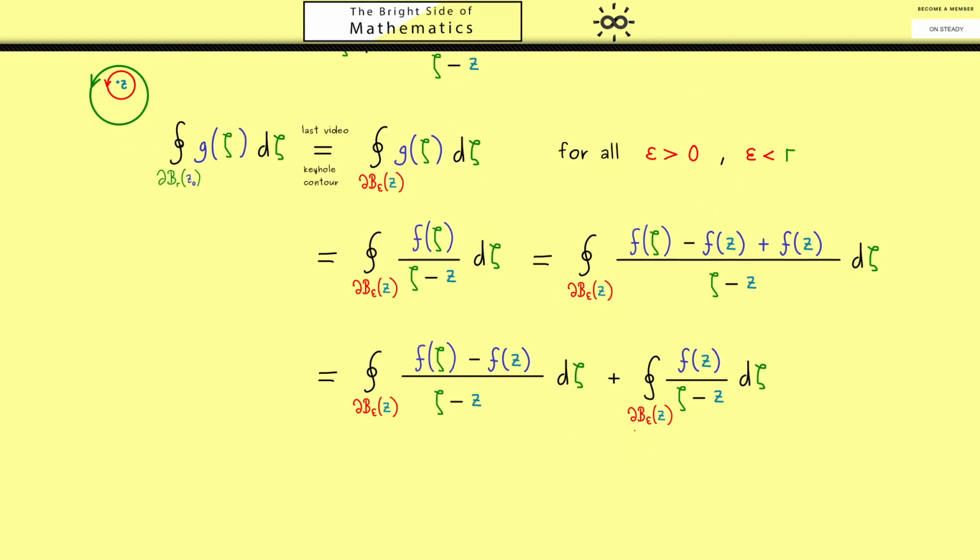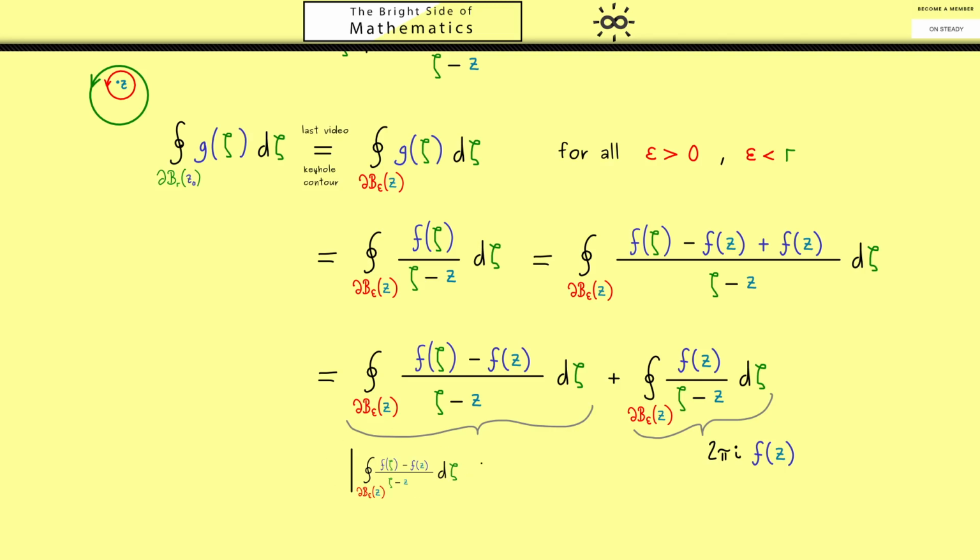Namely, it's simply 2 pi i times the constant f of z. On the other hand, the first part here can be made very small if epsilon is chosen small. For this, of course, we use that f is complex differentiable at the point z. And then together with the standard estimate for a contour integral, we get our result.